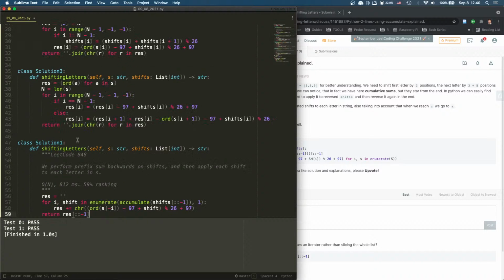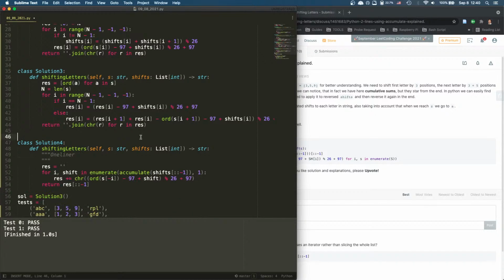All right, so let's try to do it in 1 line. I was thinking about it earlier, so a 1-liner. Basically, what we're gonna do is reverse this. Ooh, hold on. Now we have to go from the back to the front, right? So we accumulate, and we do this. We enumerate, right?